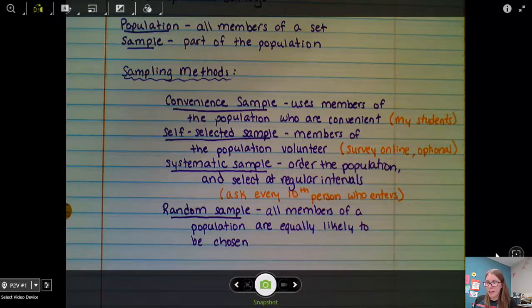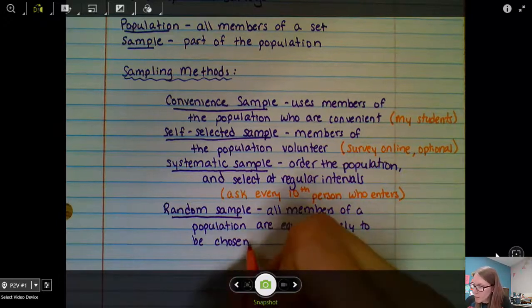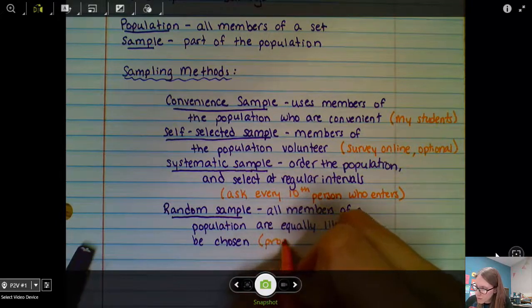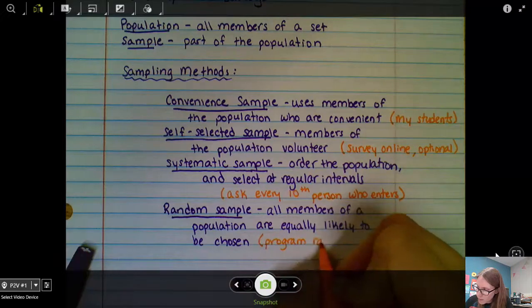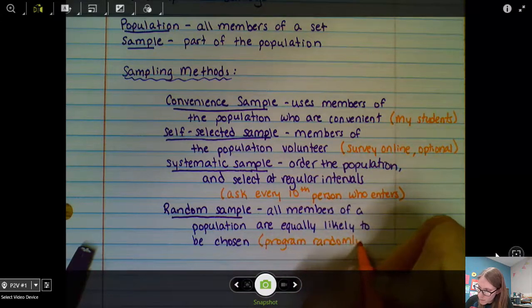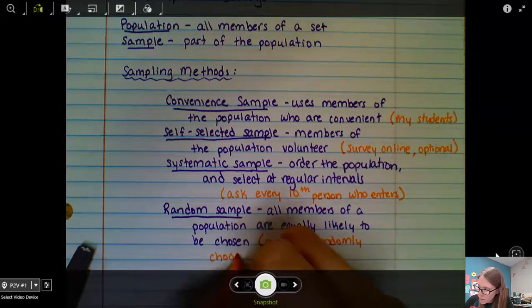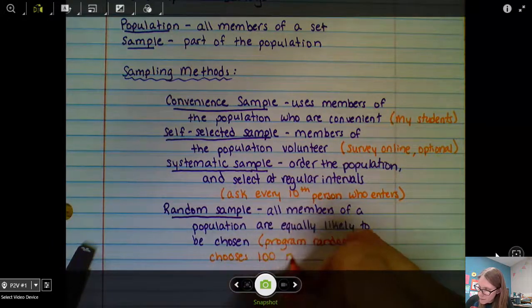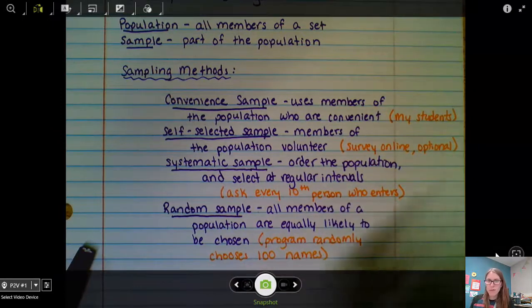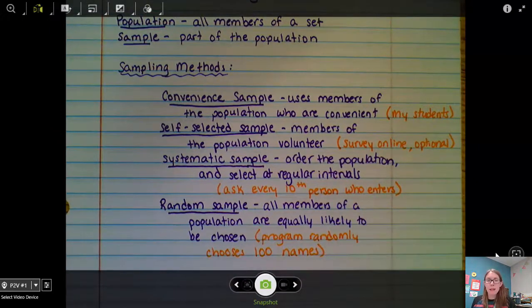That could be, let's say, a computer program that randomly picks 100 names. All four of these sampling methods have some good things and bad things about them, as far as how convenient they are and the type of information that we get from the sample.